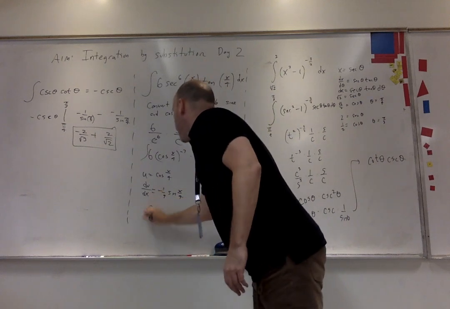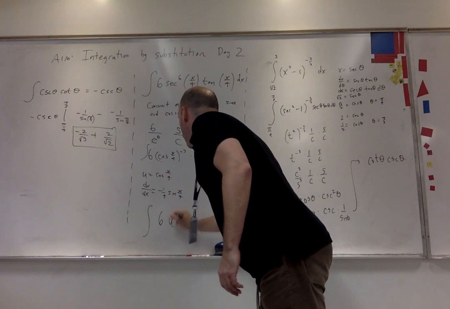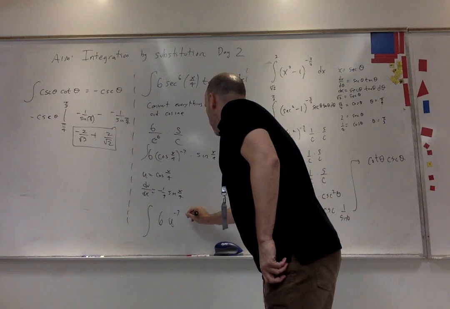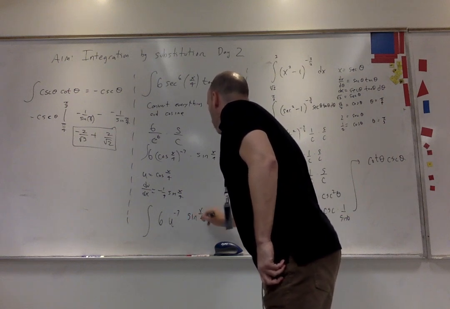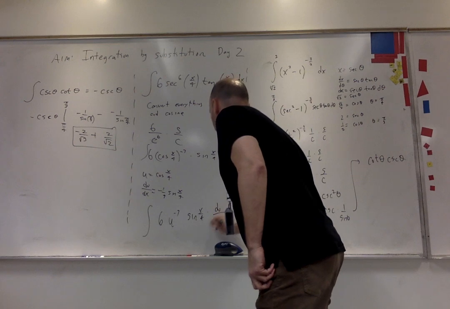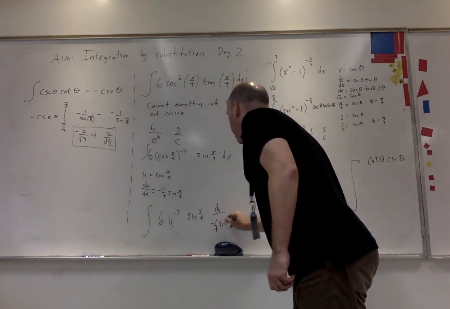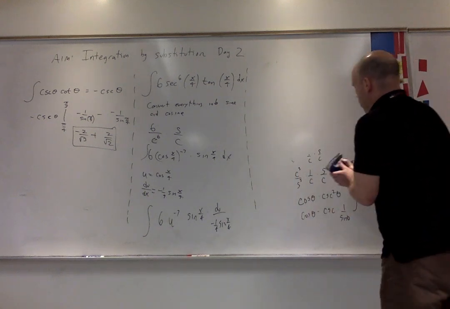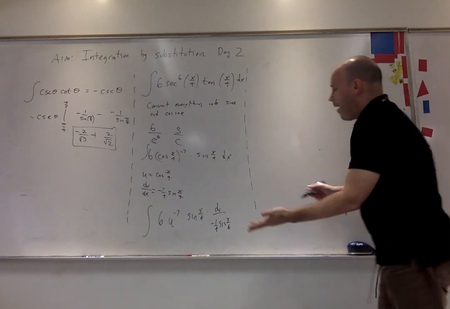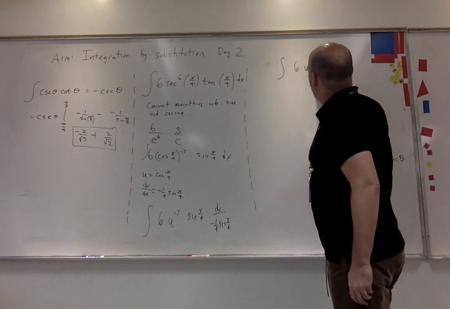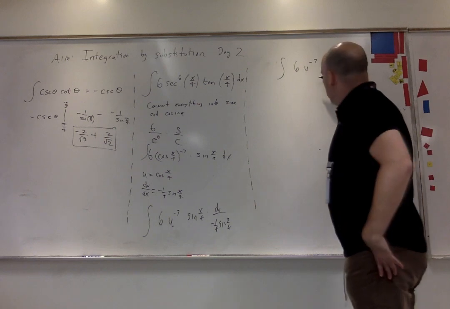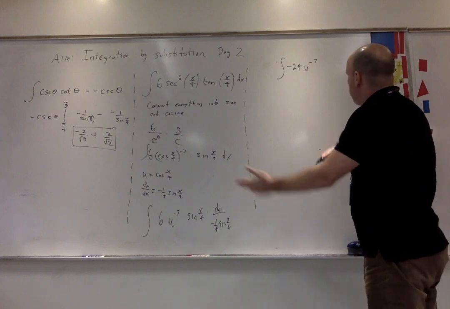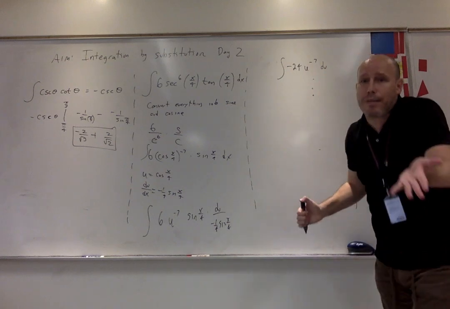Now you simply have an integral of 6 u to the negative 7th sine x over 4 times du over negative 1/4 sine of x over 4. Final answer, you have the integral of negative 24 u to the negative 7 du. And that's basically it.